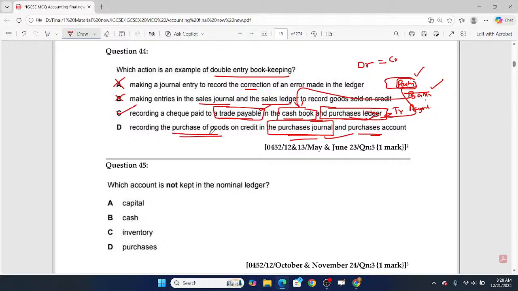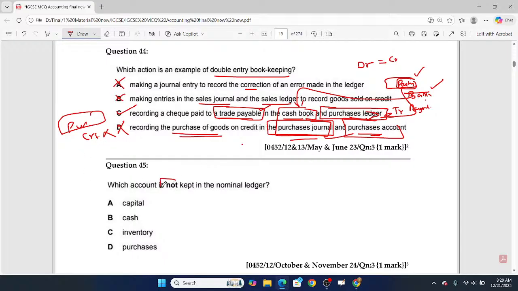For purchases of goods on credit, the journal entry would be purchases and creditors, trade payables, but they have shown only the purchases journal and purchases account. So this is not the correct answer. Is that clear? When you pass the entry, both debit and credit should be affected. Only then will the answer be correct. So here C is the correct one.